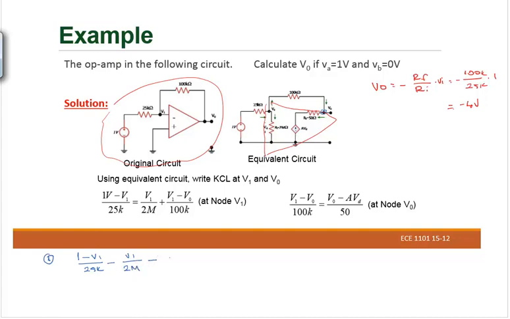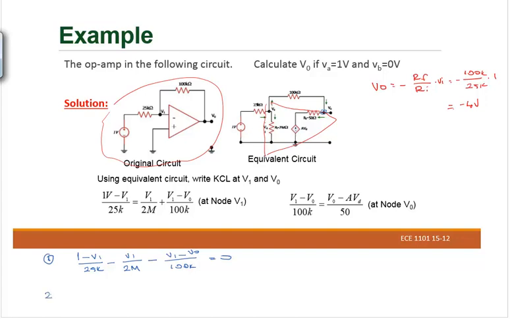Then the other one is going out, so negative: V1 minus V0 divided by 100K equals 0. This is my first equation.